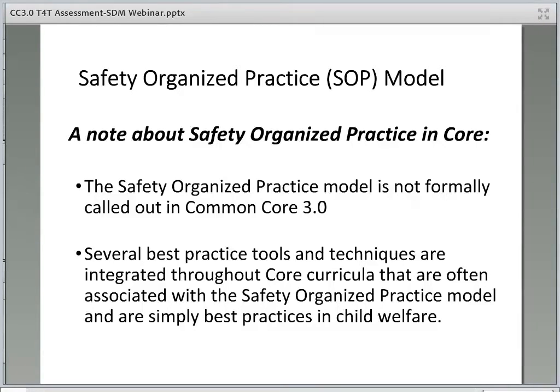As a trainer for CORE, you will not be talking about SOP directly, as it is not referred to in the curricula. All of the tools and strategies traditionally associated with SOP should be referred to as best practices in child welfare. If you have any further questions about using SOP versus referring to best practices, please ask your regional training academy.